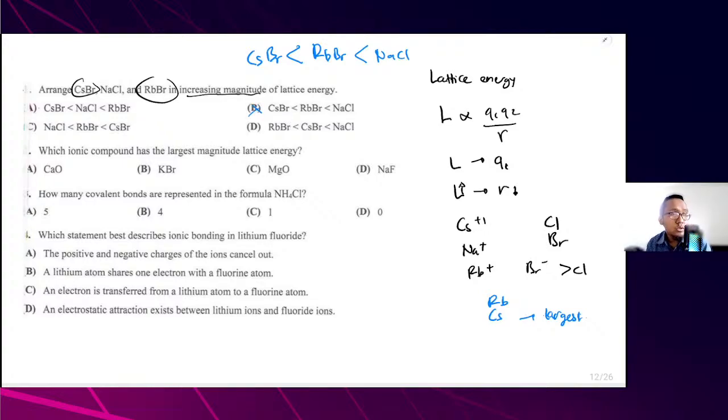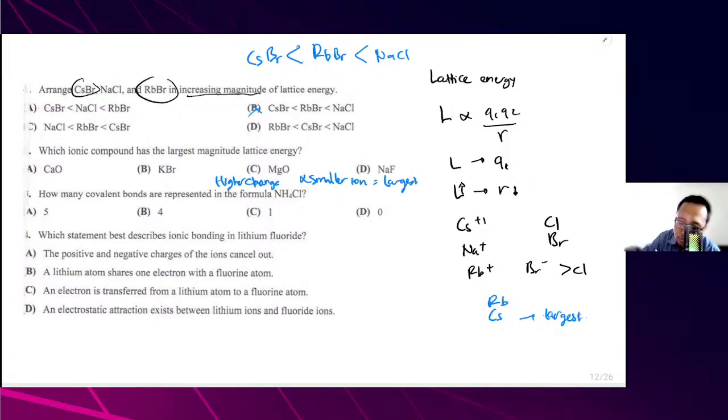Okay, now number 2. Which ionic compound has the largest magnitude of lattice energy? The concept: higher ionic charge and smaller ions will have the largest.